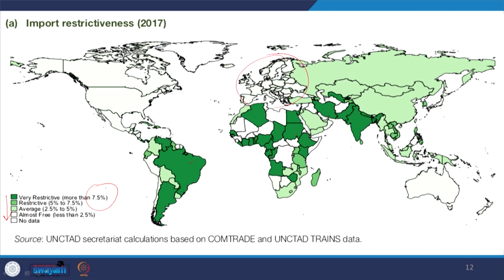Look at this portion, even this portion, even this portion, the extent of taxes towards restricting the trade is much lower, whereas in developing countries it is higher. So, this map also clarifies your understanding of effective protection.